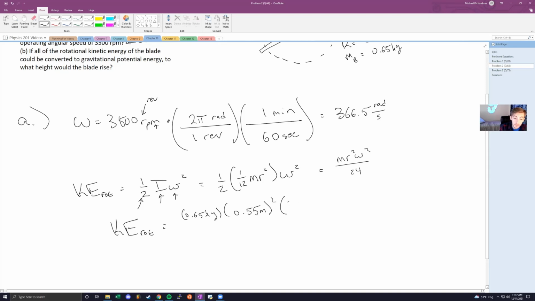Our angular velocity is, sorry, not 3,600, 366.5 radians per second squared. And then we're going to divide by 24. And this gets us a total rotational kinetic energy of 1,100.57 joules.